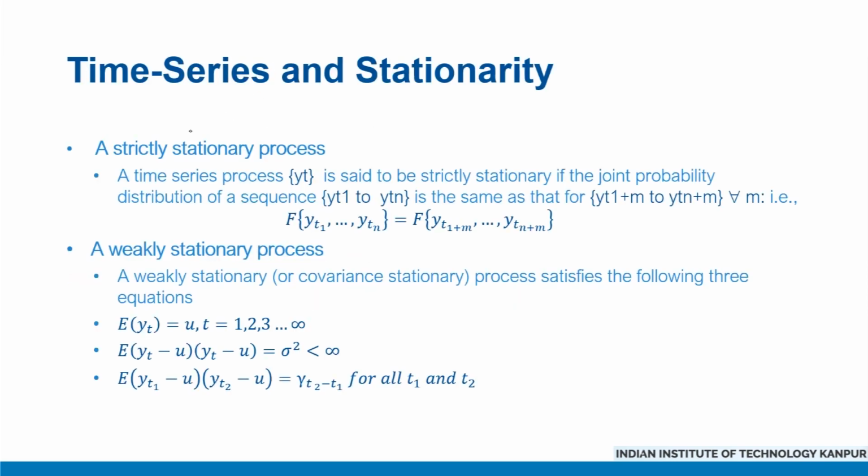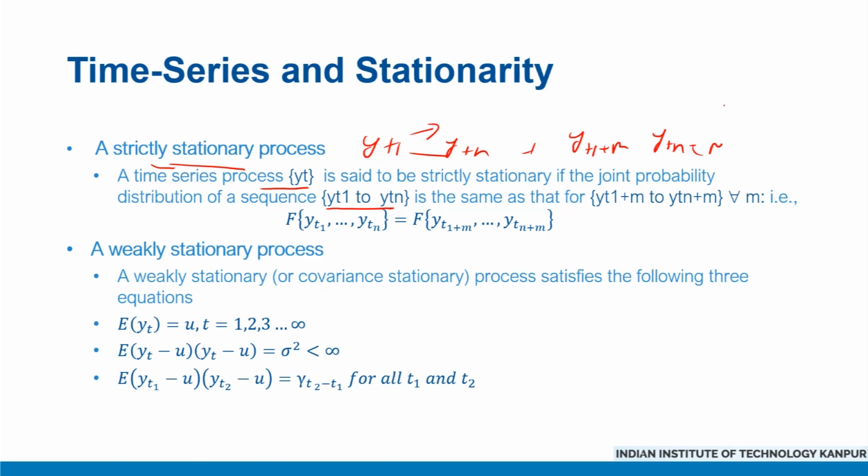Recall, in our earlier discussion, we said a strictly stationary process is a time series process yt where, when we pick a sequence, let's say yt1 to ytn, the joint distribution of these observations remains the same whether we pick another sequence from yt1 plus m to ytn plus m.